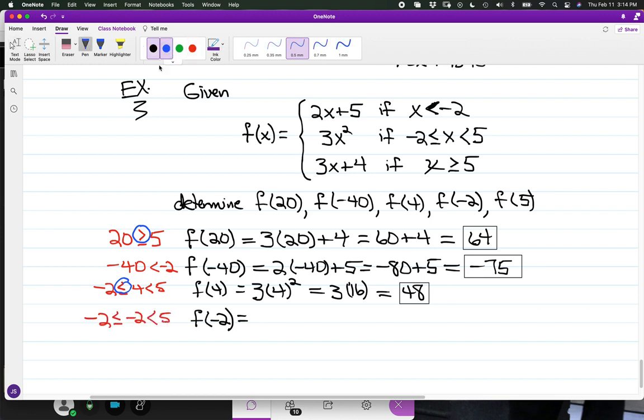So this whole compound inequality is true for the input at negative 2. And just like 4, it is going to receive the 3x squared treatment. So we have 3 times the square of negative 2. Negative 2 squared is 4, and 3 times 4 is equal to 12.